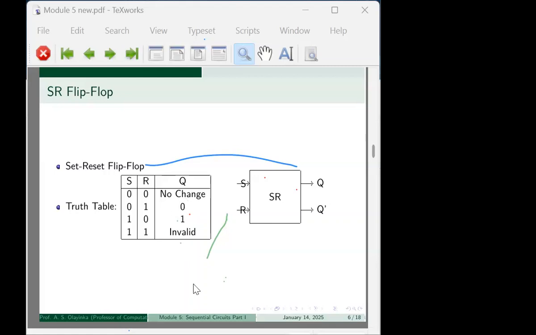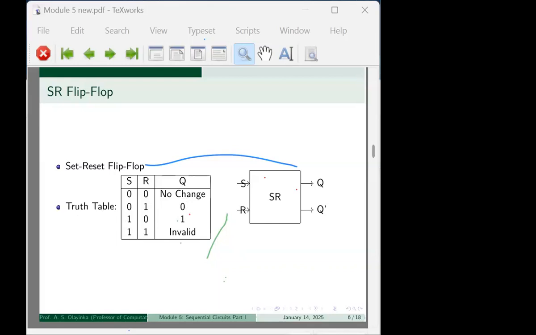Now, in the case of the SR flip-flop, if set is 0 and reset is 0, what will the output Q give you?